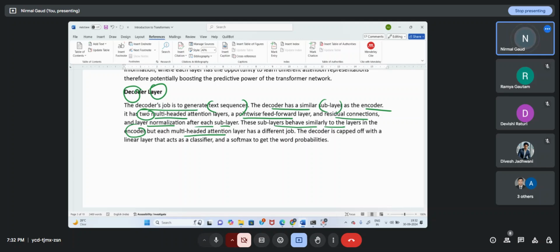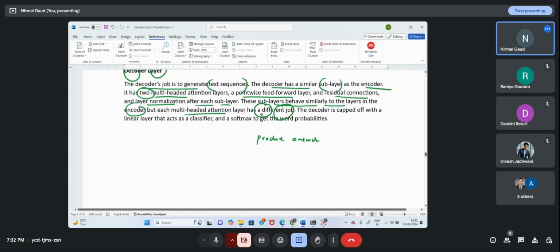Here the attention mechanism is a bit different from the encoder attention mechanism. The rest are all the same, because the decoder's job is different. The decoder's job is to produce the answer for the input.